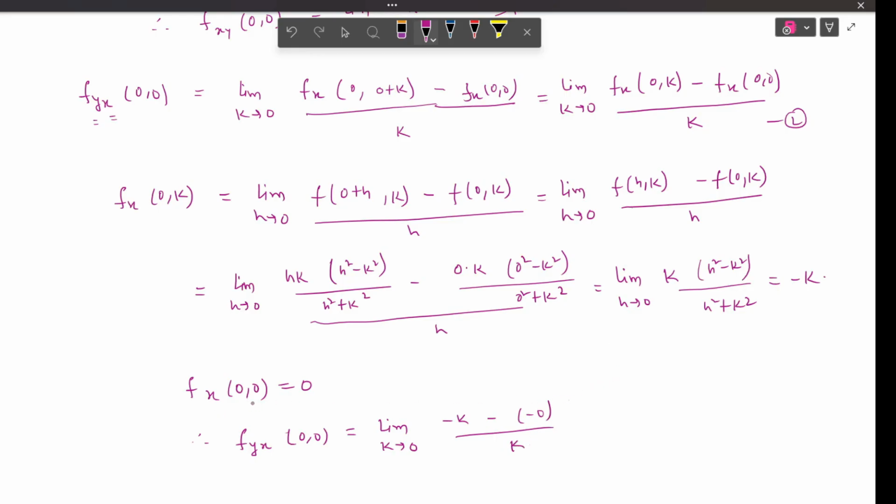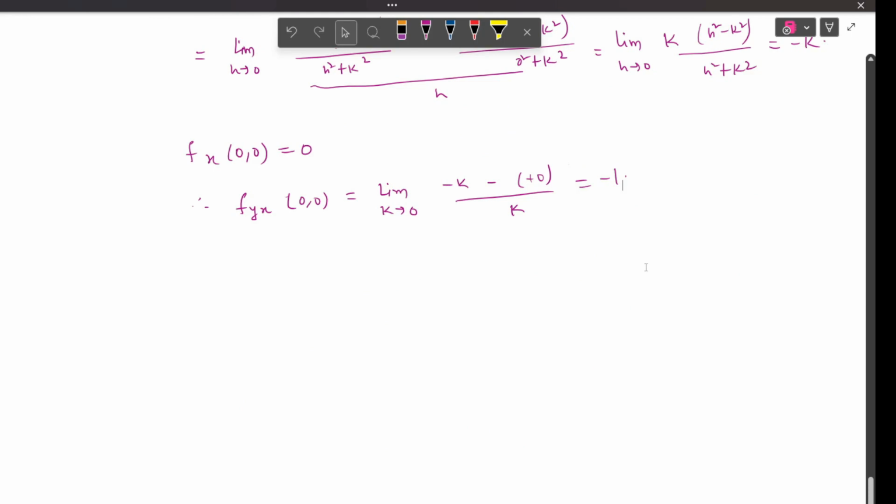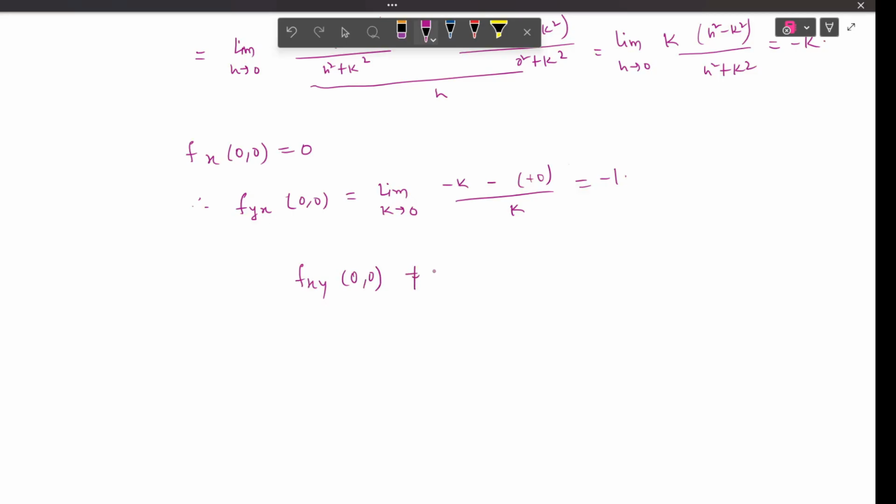Okay, f_x(0,0) is 0, so we don't have to give minus 0, this is 0. So k and k will cancel out, it will give minus 1. So clearly we can see that f_xy(0,0) is not equal to f_yx(0,0). Okay, that is the thing we have to verify.